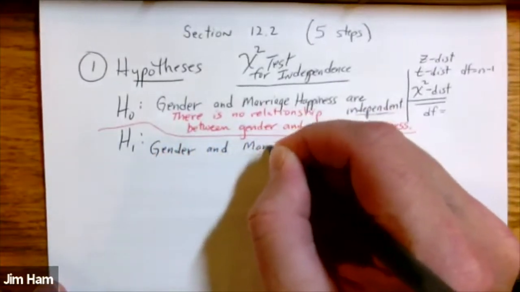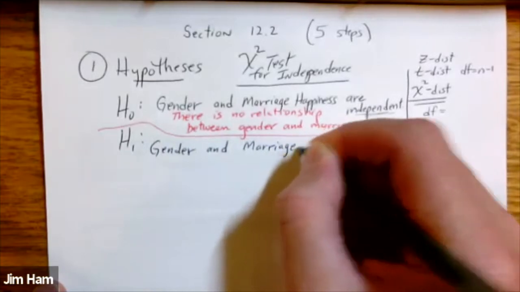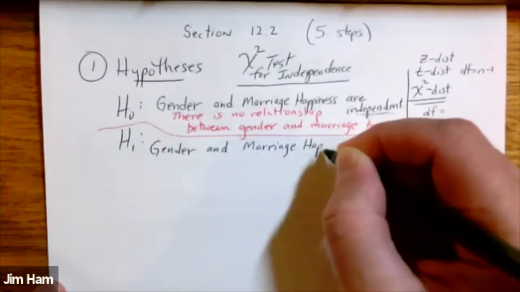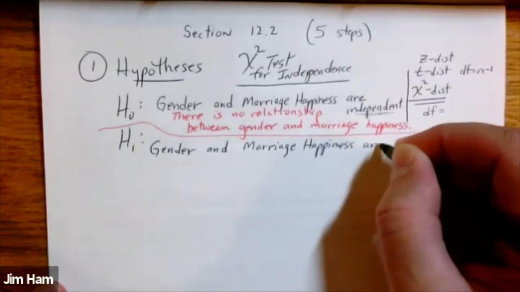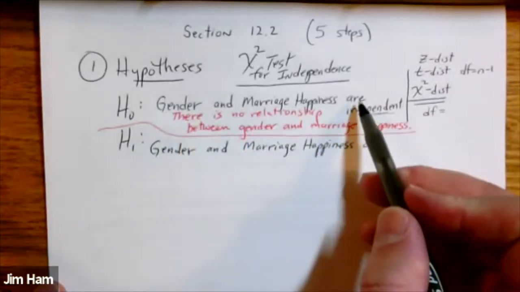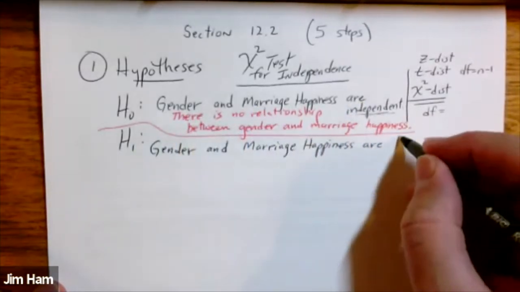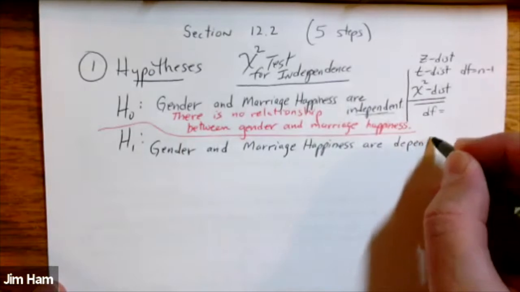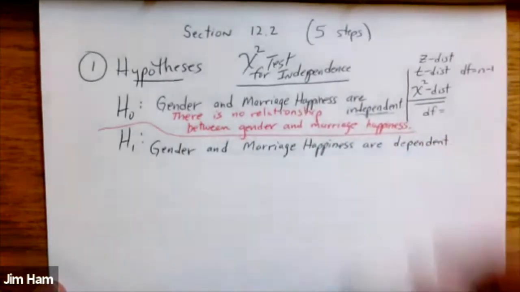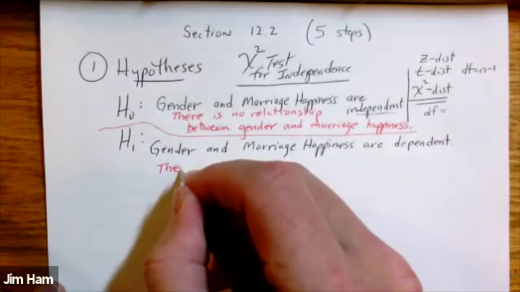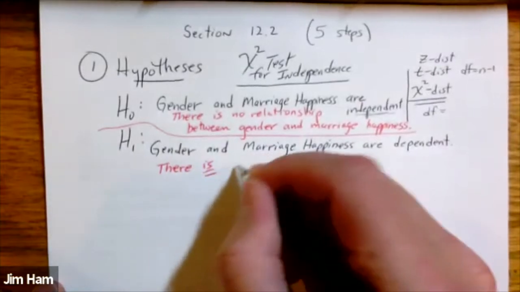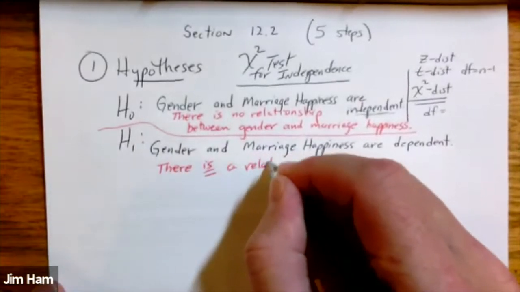Okay, let me finish up the hypotheses here. We know that these two hypotheses are competing. And so if the two variables are not independent, then we would say that they are dependent. And what we mean in this case is that there is a relationship.